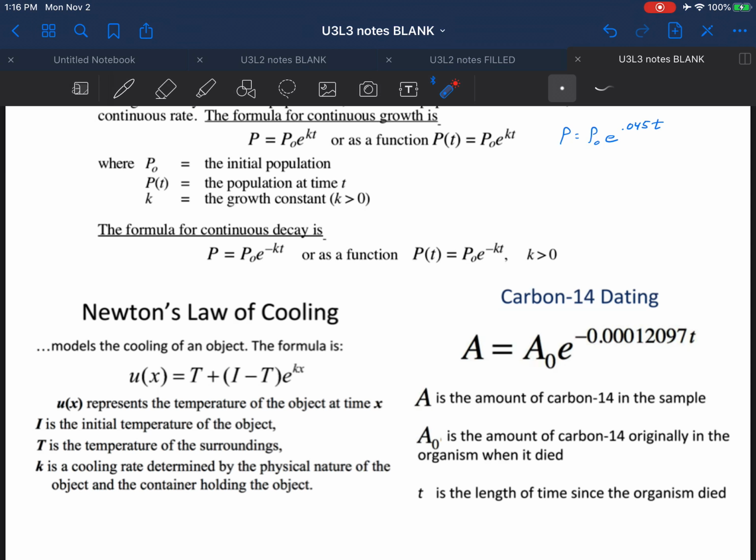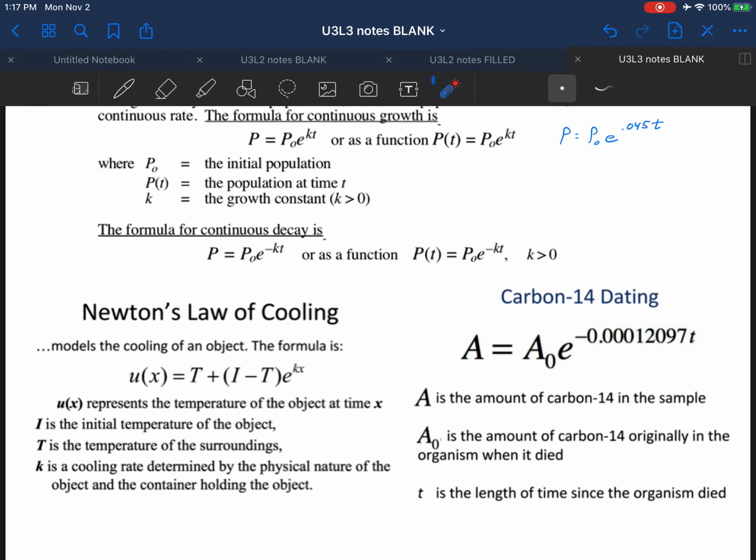T is the temperature of the surroundings, so whatever fluid it's in. And remember, fluid could be air, it can be liquid, it can be gas, which I guess air is. So that goes here and here. k is a cooling rate, so this is measured by various characteristics of whatever the object is. But you take e and you raise it to that rate times the time, right?